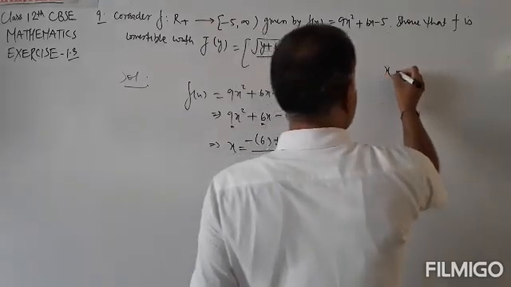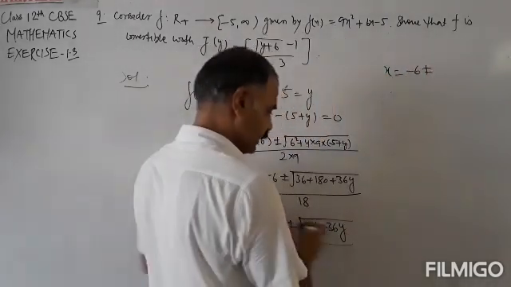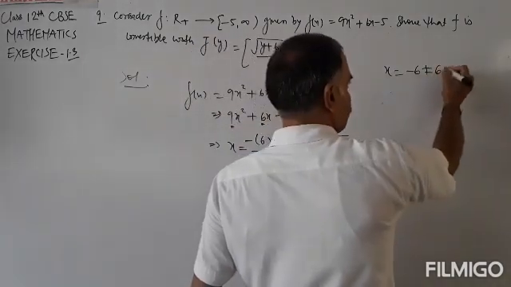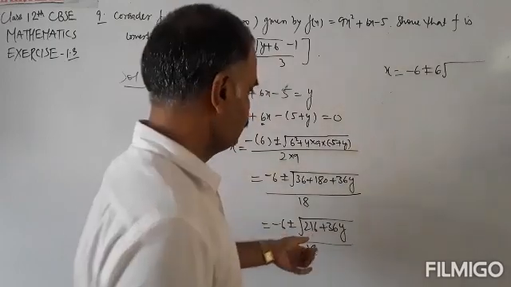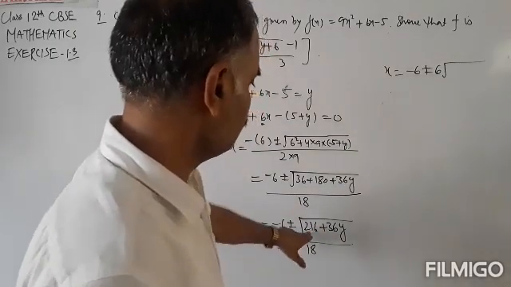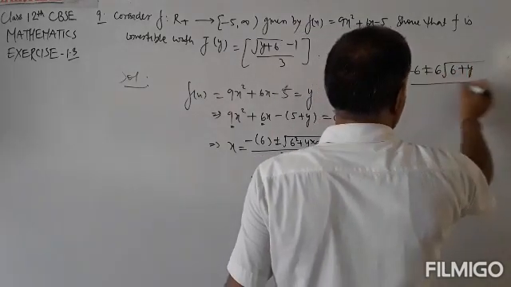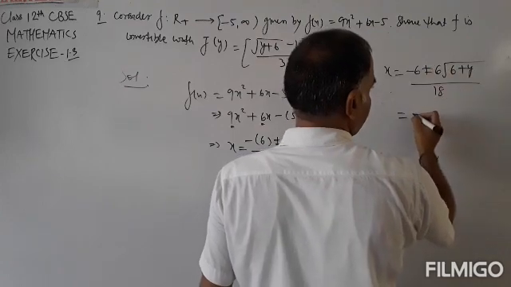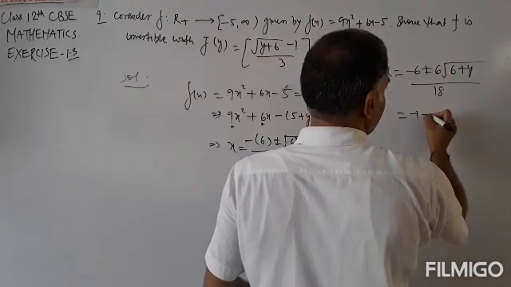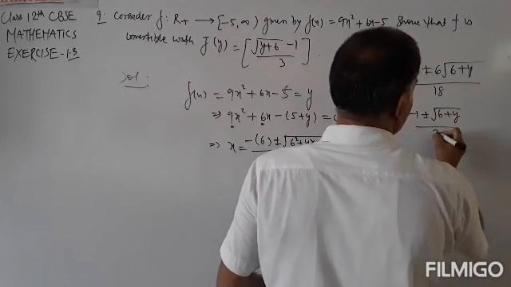So x is equal to minus 6 plus minus, taking 36 outside the square root, 6 under root 6 plus y upon 18, and after solving this we will have minus 1 plus minus under root 6 plus y upon 3.